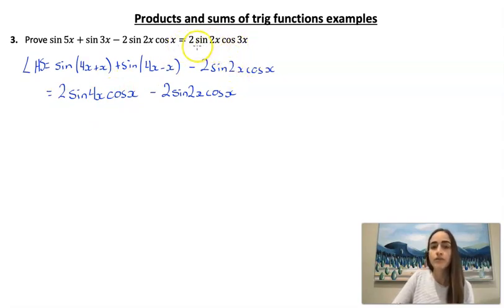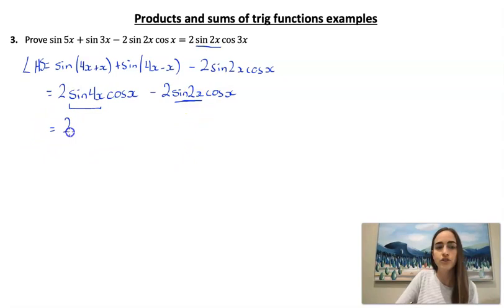I know that we've got a sine 2x in our answer, and I already have one of those here, so I don't really want to touch that unless I have to. We could manipulate this sine 4x into a sine 2x as well. We could write that as a 2 sine of 2 times 2x cos x minus 2 sine 2x cos x.